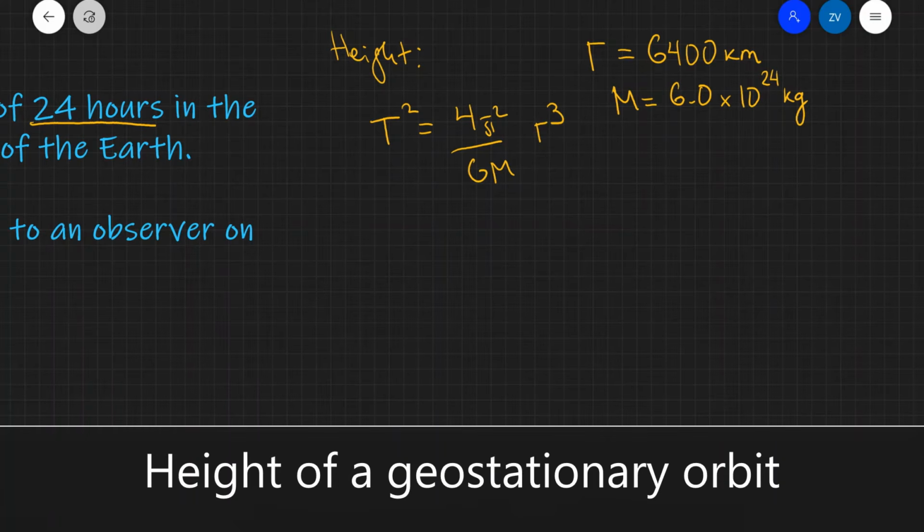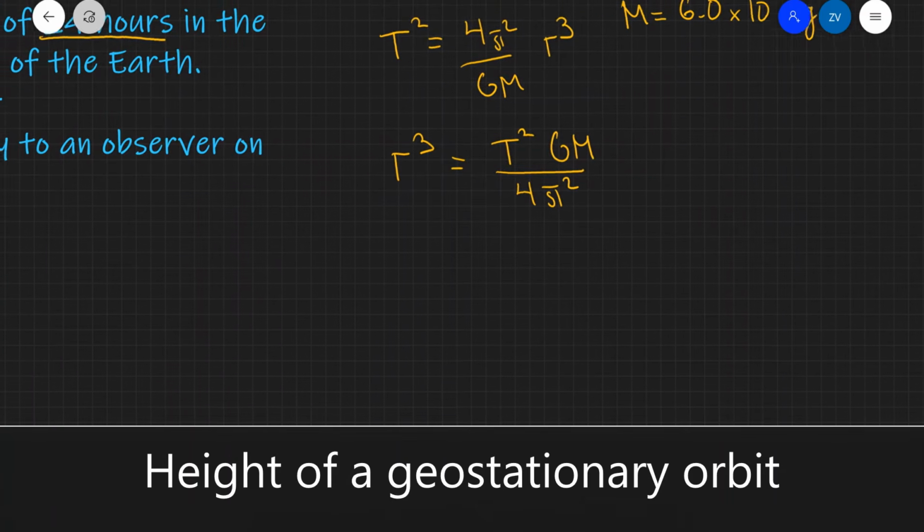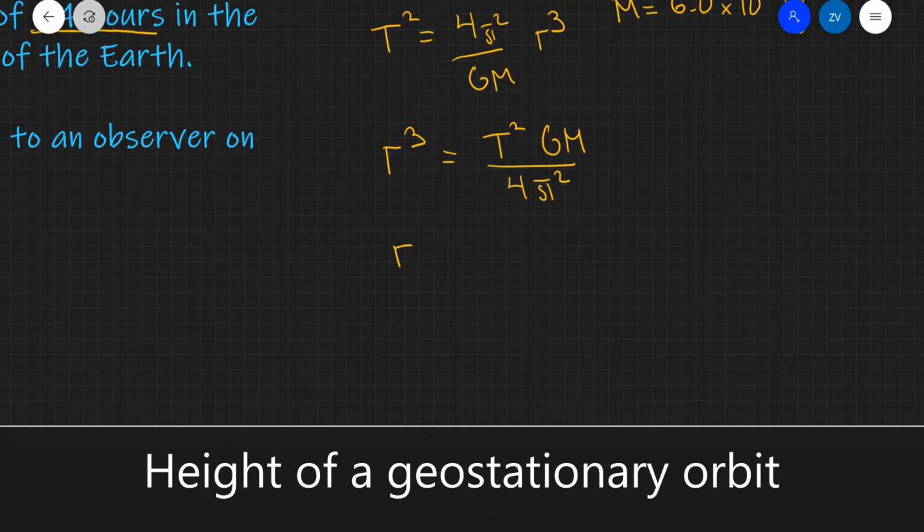Okay, well, let's calculate the height of a geosynchronous satellite above the surface of the Earth. So essentially we need to rearrange this equation for r cubed. So r cubed will be equal to T squared multiplied by GM divided by 4 pi squared, and what I need to do is take the cube root of this expression.